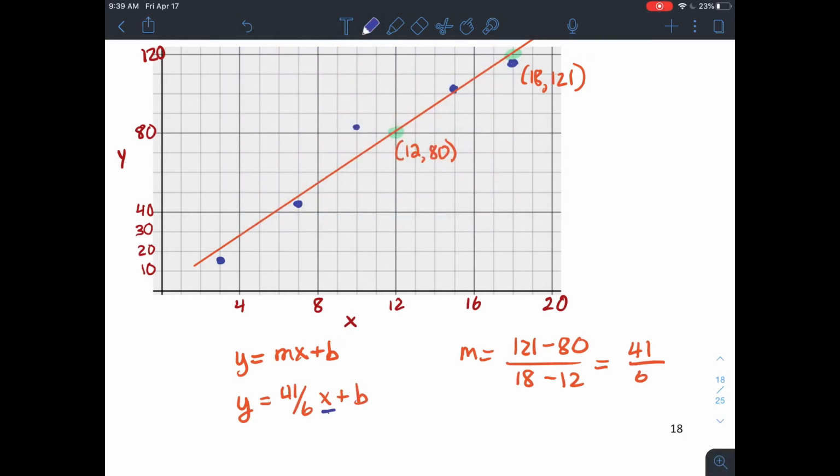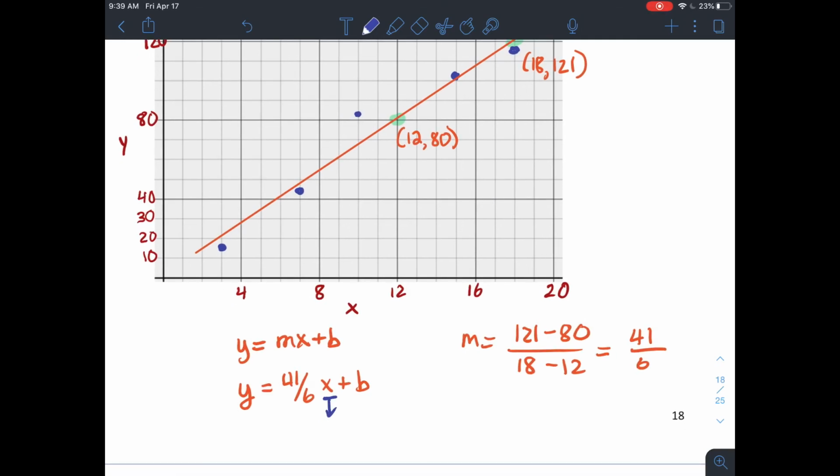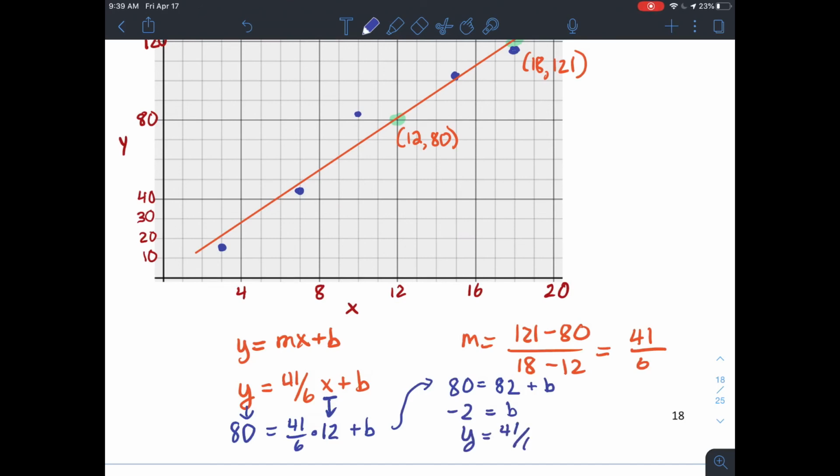I'm going to do (12, 80) for my x, y pair to plug in there. Seems a little nicer than 18 and 121. And then I'm going to solve it for my y-intercept. So if I multiply 41/6 times 12, I get 82. And then subtract 82 is going to give me a y-intercept of -2. So there's my equation of my line of best fit.